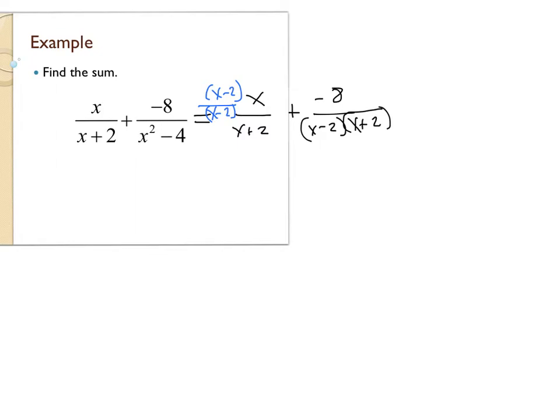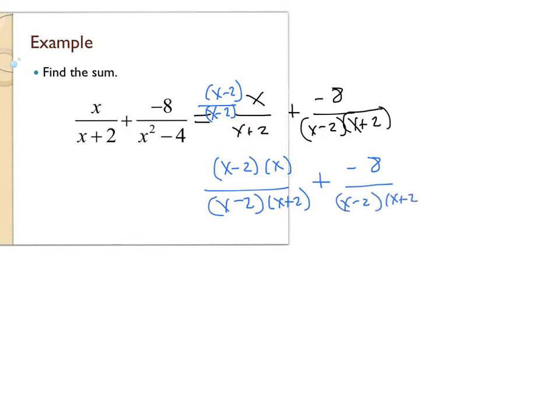And that is going to allow me to have the same factors in the denominator for both terms. And so I'm just going to write it out as x minus 2 times x all over x minus 2 times x plus 2. And I'm going to add that to negative 8 all over this existing term.